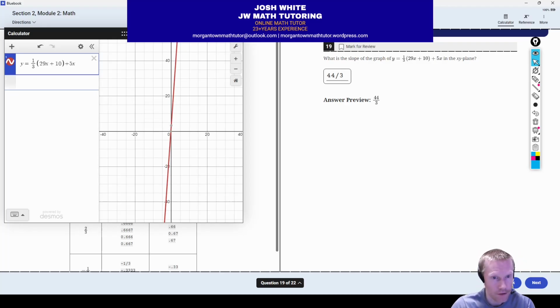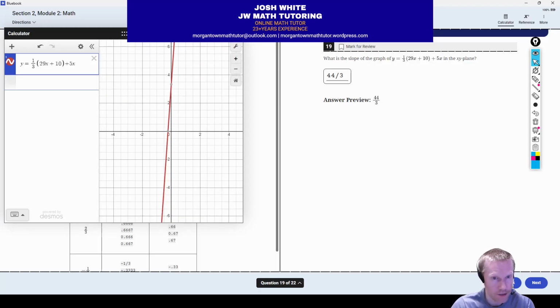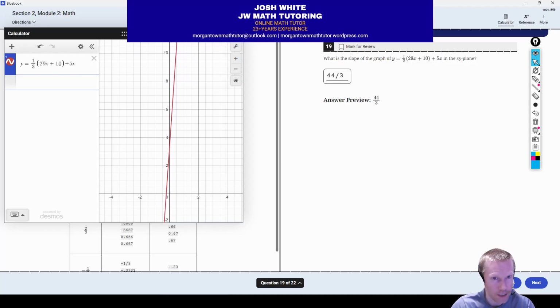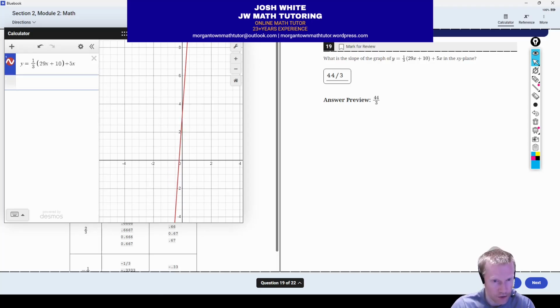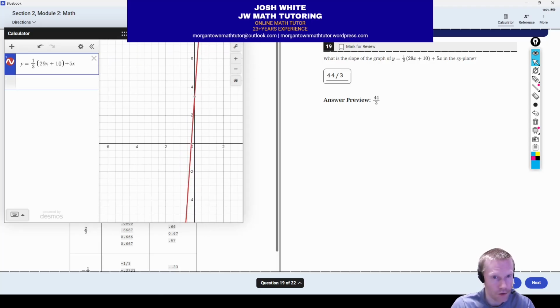Now, the problem is the values are not great in the sense that they're decimals. Ideally we would look for something right on an exact integer value, but we'll just use the x and y intercepts.